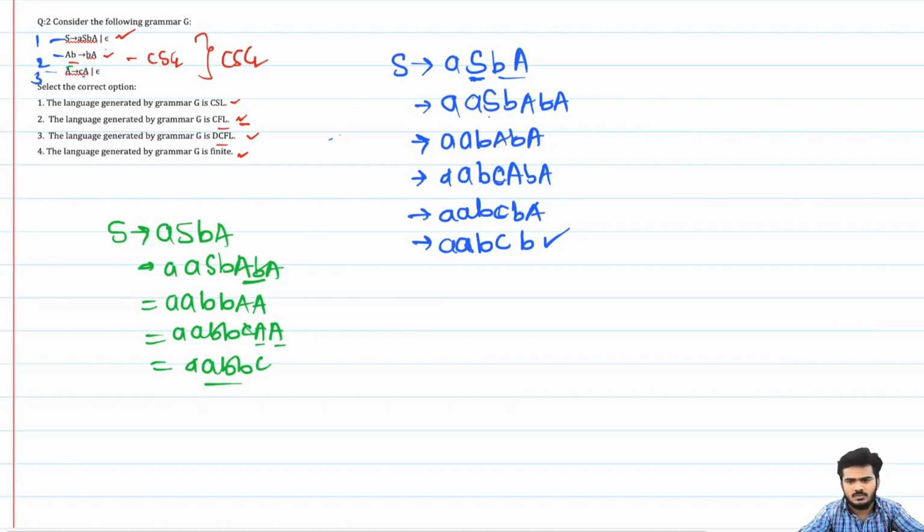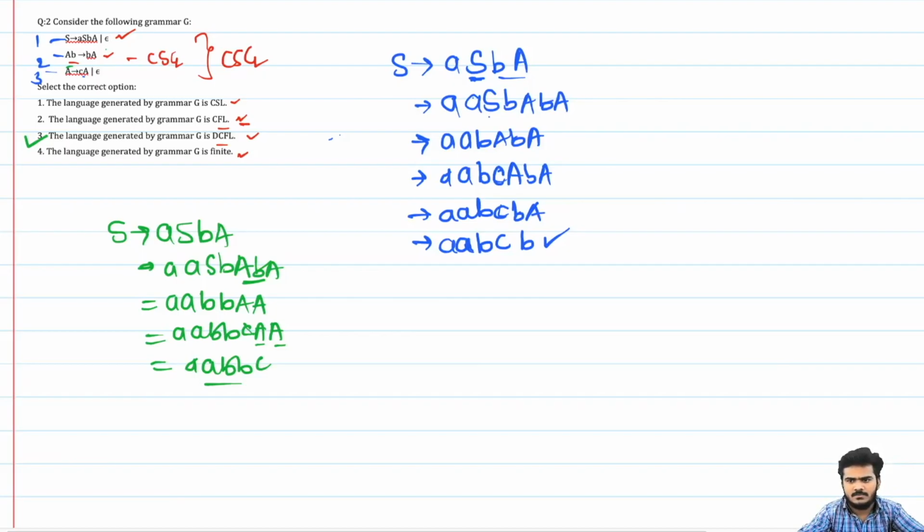So this way the answer for this one is 3, that is C. We can say that this grammar generates a deterministic context free language, because we are able to design a deterministic PDA for it.